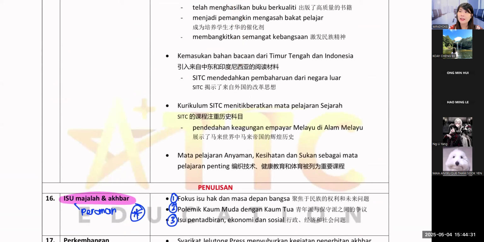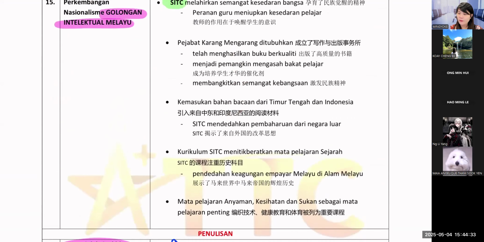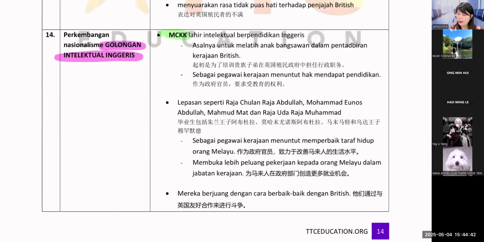So you may say, teacher, how many do I need to memorize? If there are 11 points, you memorize 8. If there are, for example, 7 points, you memorize 4.